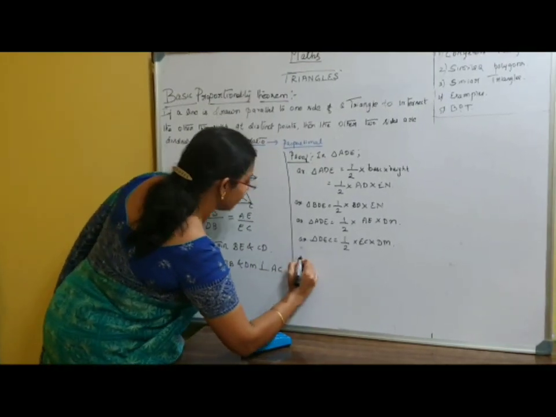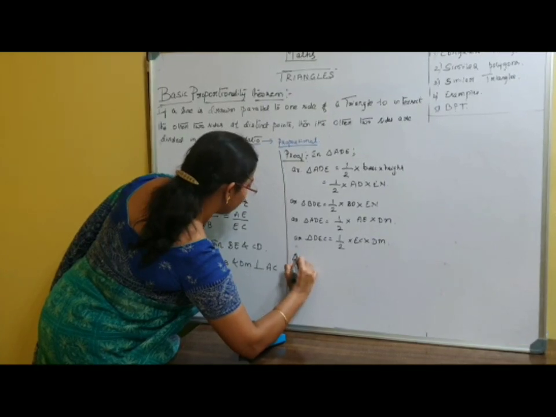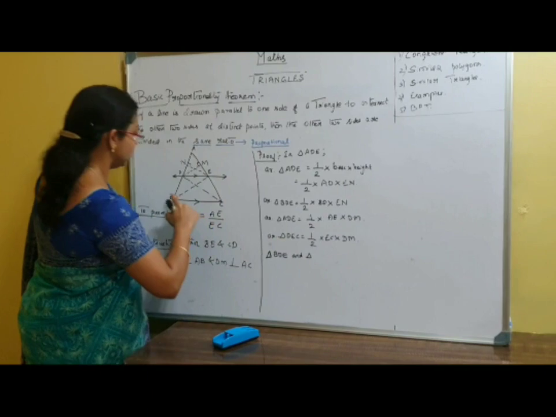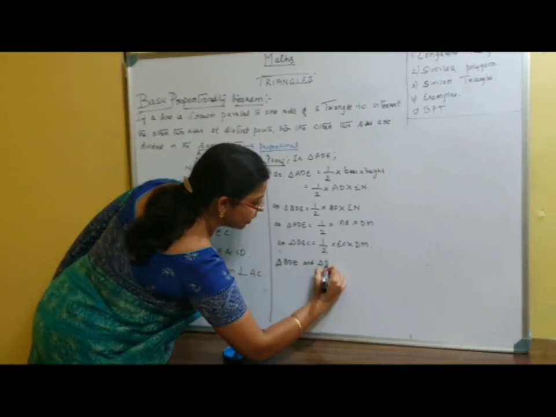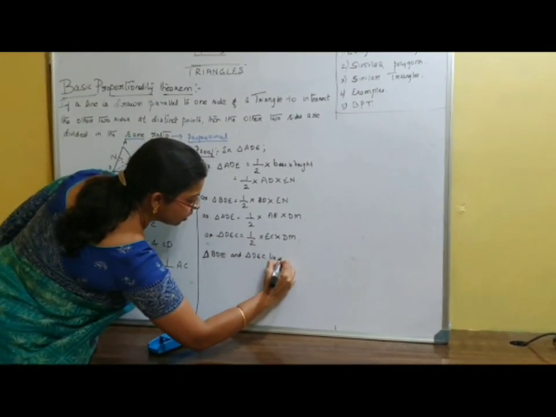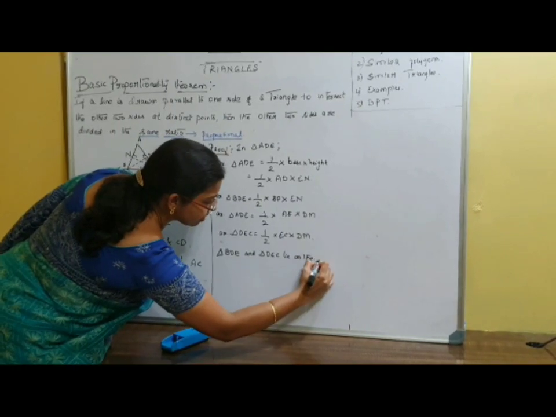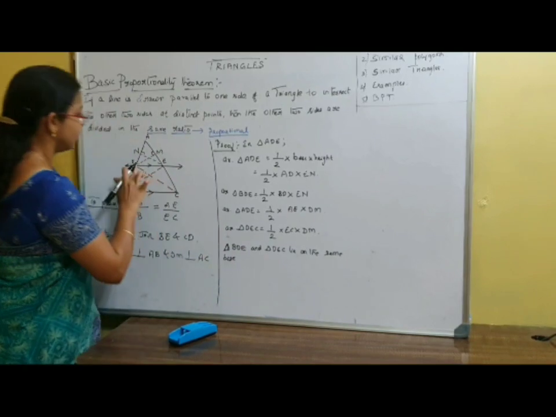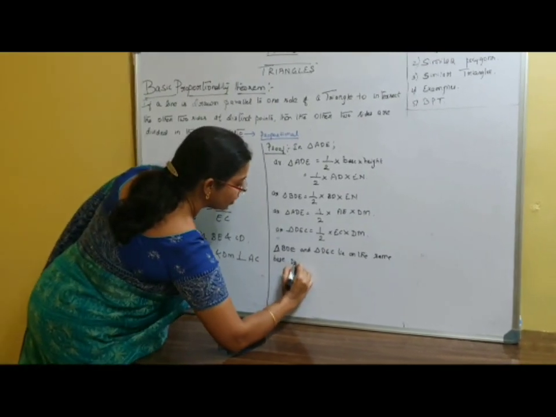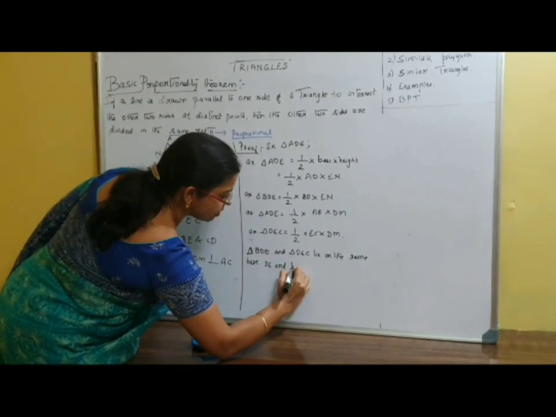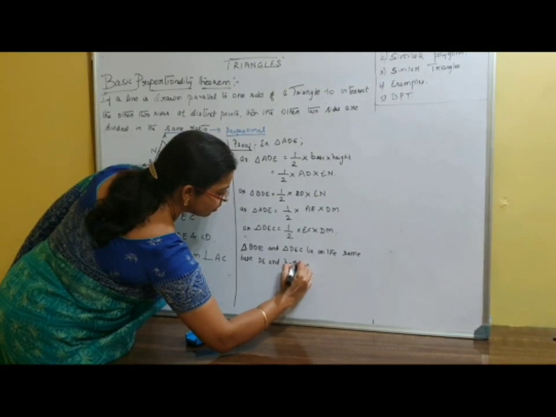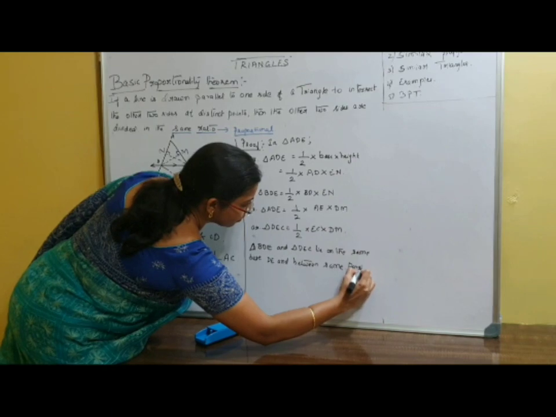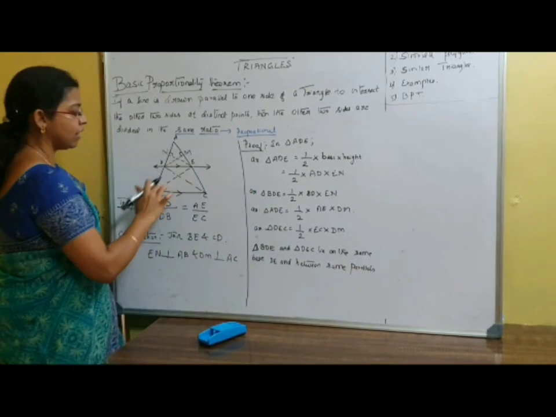Therefore, we will write the reason. Triangles BDE and DEC lie on the same base. And which is that base? DE. And between the same parallels. Which are the two parallel lines?